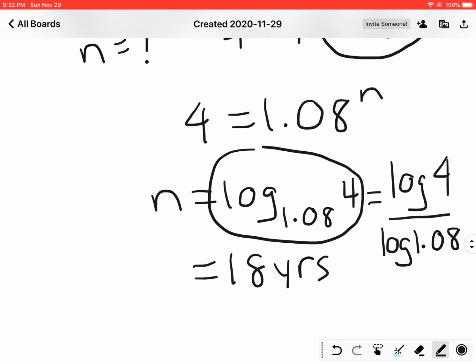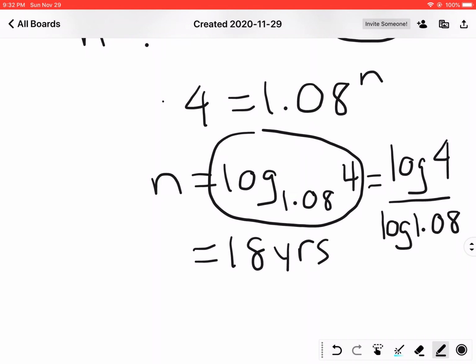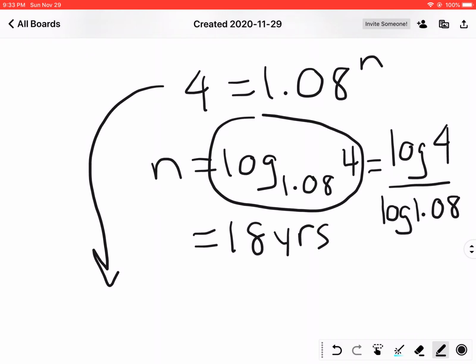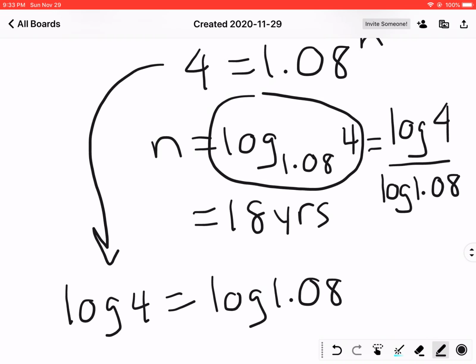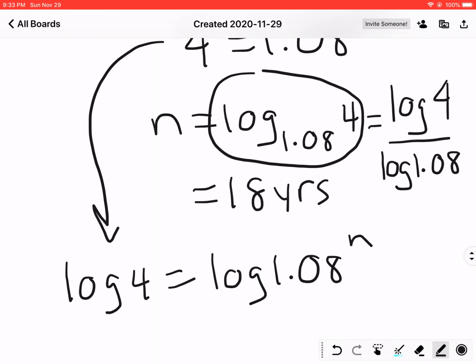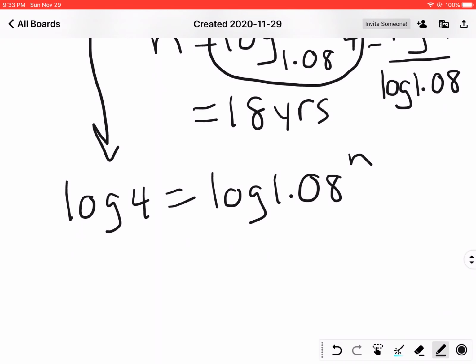Another way I want to talk about doing this, I'll bring this down here. If I were to do the log of both sides, I could write this, log of both sides, and then this n, laws of logarithms, goes in front.